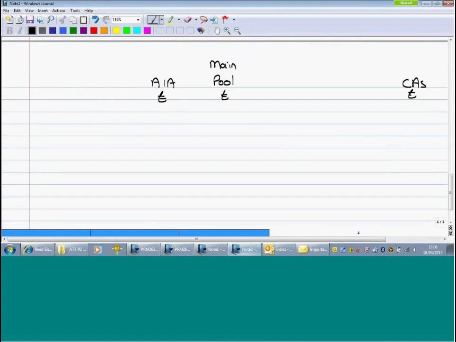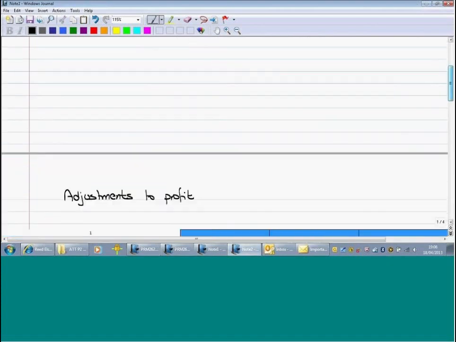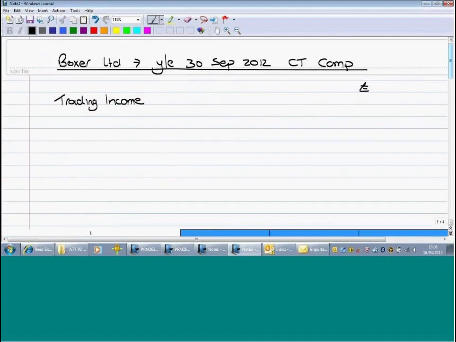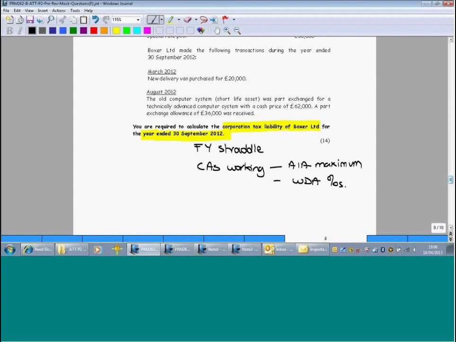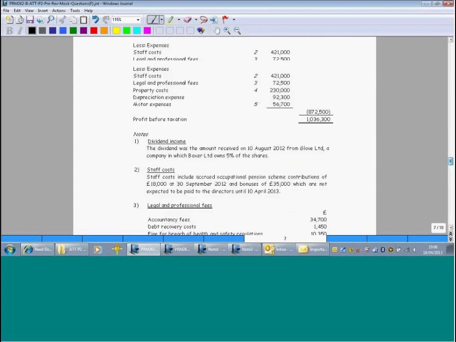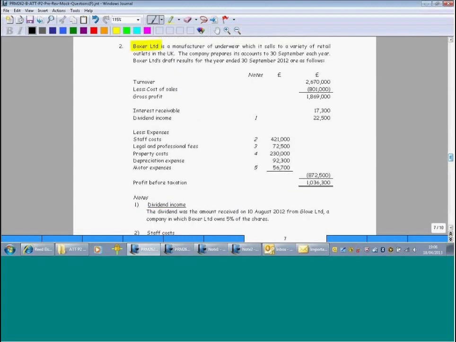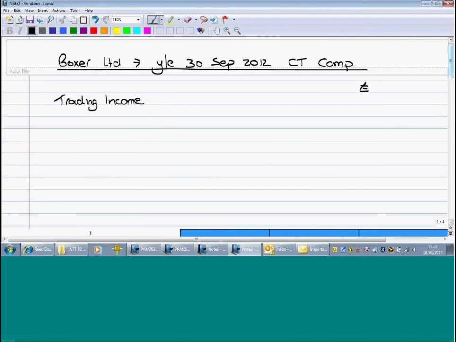So, going back to the question paper. Okay, so looking at the question paper then. First of all, we're given the profit and loss pro forma. So we start with the profit before tax figure of £1,036,300 and take that to our adjustments to profit working.